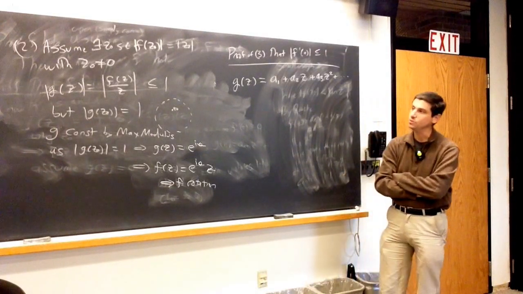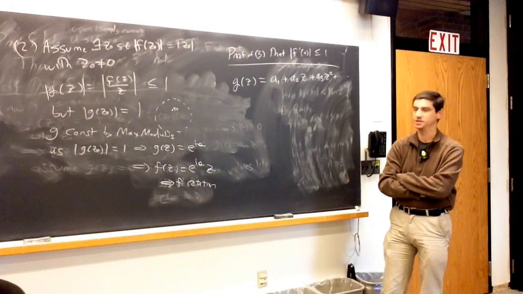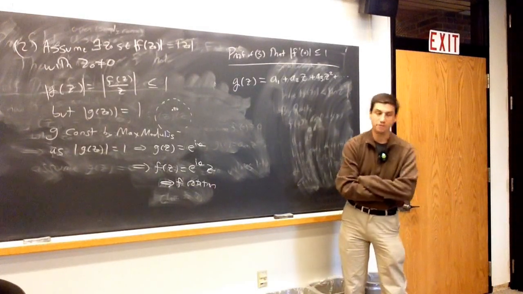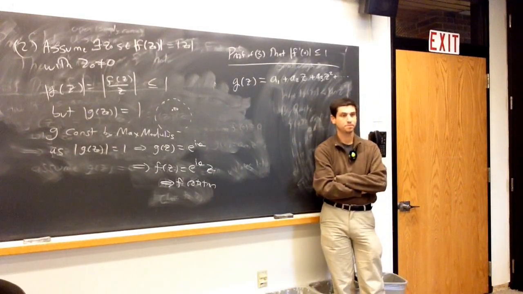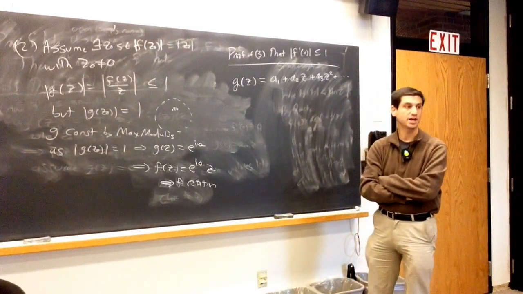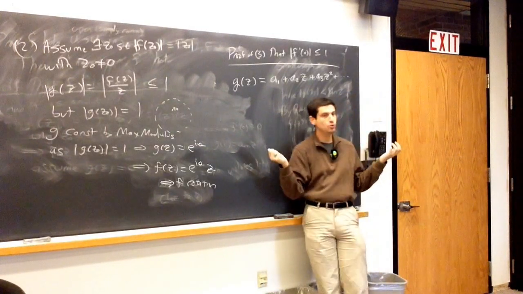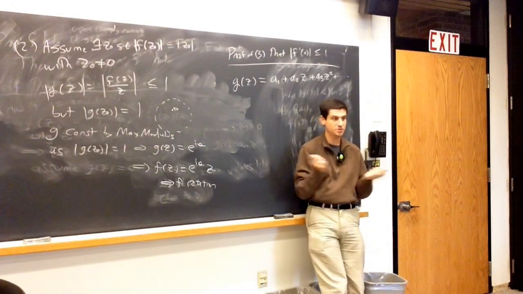Possibly. We're not saying we have an isomorphism from D to D. We're just saying we have a mapping from D to D. We could take f of z to be z to the n. If we take it to be z to the n, no z naught other than 0 will be sent to something with the same absolute value.